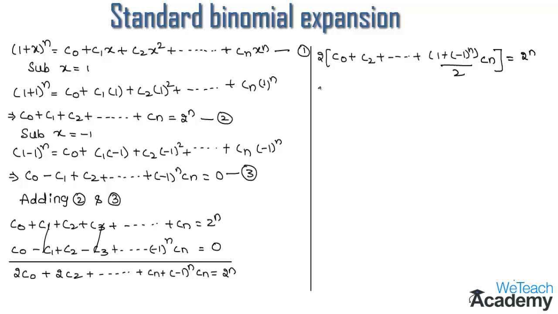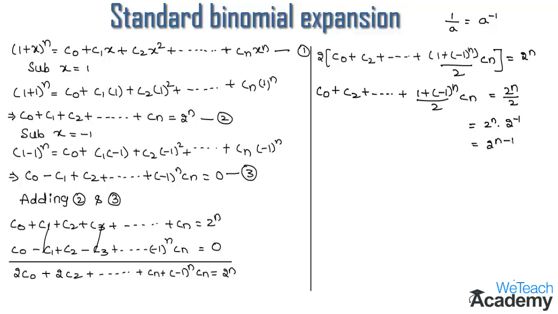We get here c0 + c2 + so on + (1 + (−1)^n) divided by 2 into cn is equal to 2^n divided by 2. So this would come as 2^n, and we know that here 1 by a can be written as a^(−1). So by applying this formula, we can write here 1 by 2 as 2^(−1). So here we observe that the bases are equal. So on adding the powers, we get here 2^(n−1).